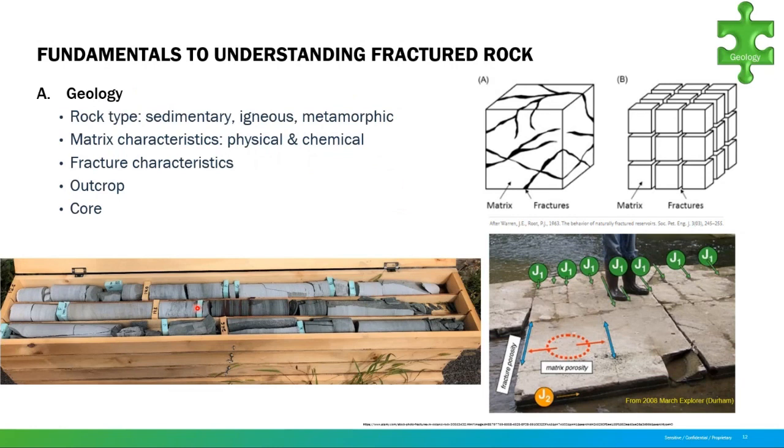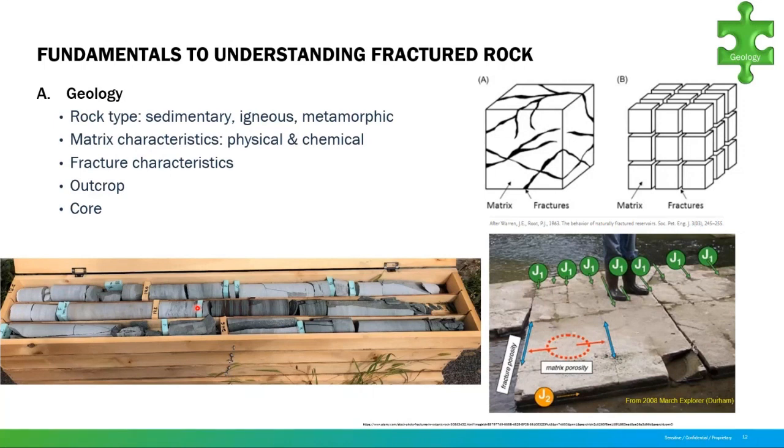So under geology, we want to consider the rock type. Is it sedimentary? Is it igneous? Is it metamorphic? Depending on which type of rock it is, for example, in a sedimentary regime, you probably have horizontal bedding planes that are primary conduits of flow, essentially.